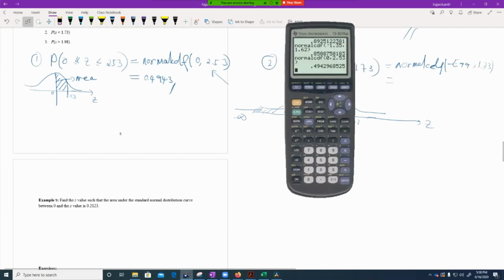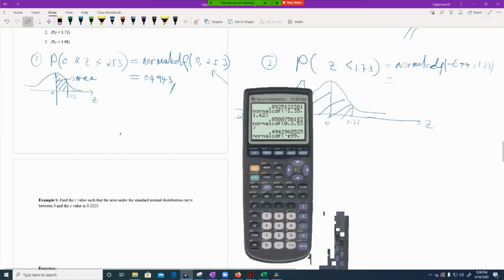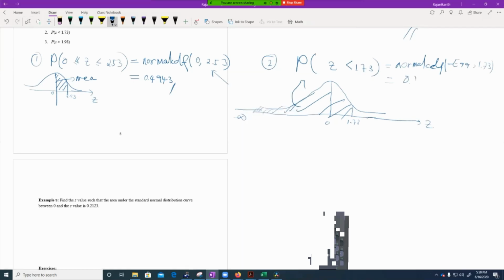I'm going to type second, var, and number 2, and the left side is negative E99, comma, my right side is 1.73. Then close that. So simply find that area, which is 0.9582. That is the area.